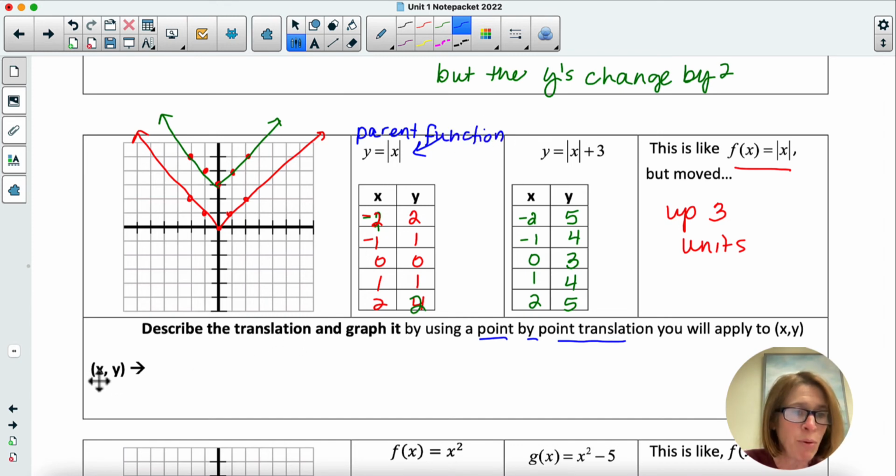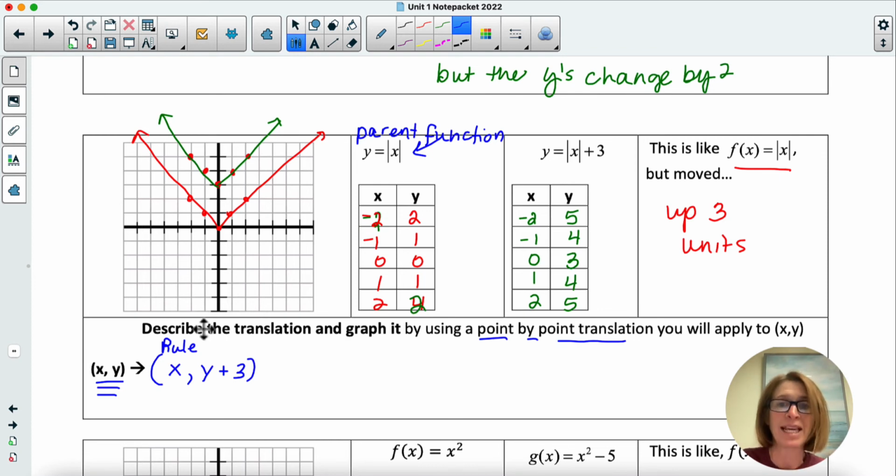So if any point (x, y) is on the graph of the parent, then the point-by-point translation would be the x's remain the same, but the y's you're going to add 3 to. And that is the point-by-point translation. I'm going to refer to it as a rule. So that means I can take any point on the absolute value function. All I'm going to do to the y's is add 3. I'm going to keep the x's. I'm going to change the y's by 3.